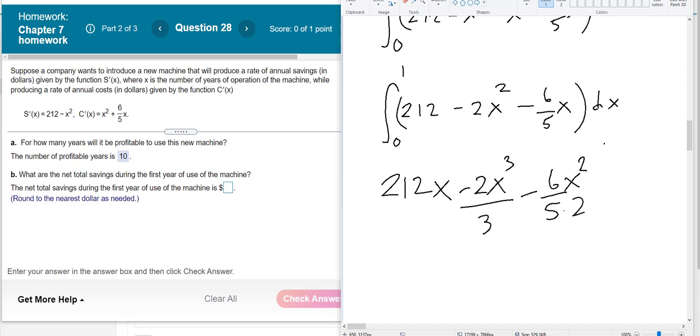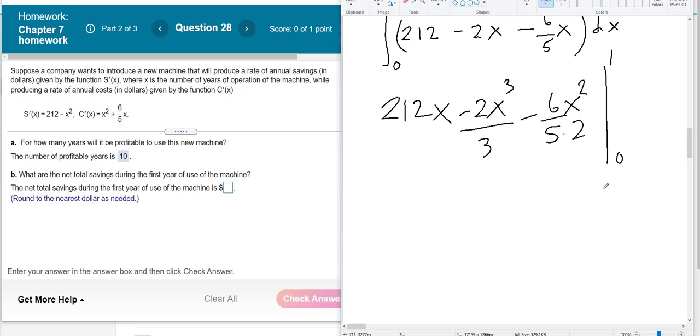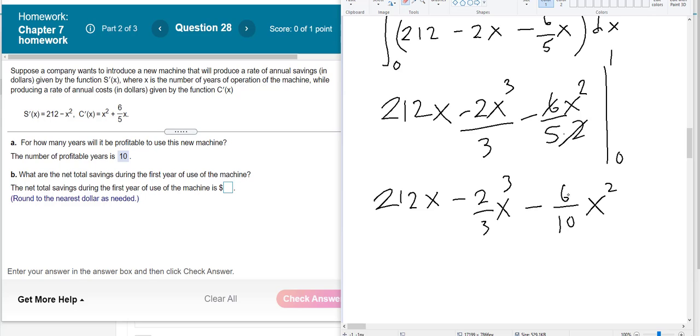Now, since it's a definite integral, we don't have to add plus c. So it's 212x minus 2/3 x cubed minus 6/10 x squared, or I could have said 3/5 right there, because 6/10 reduces to 3/5.